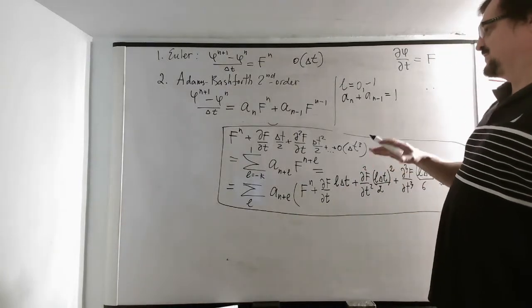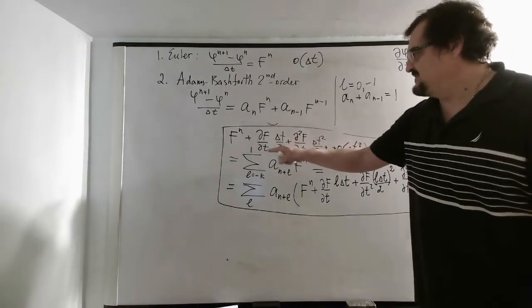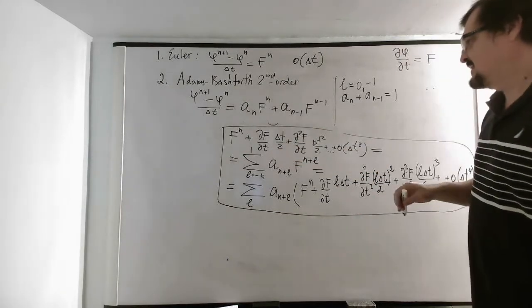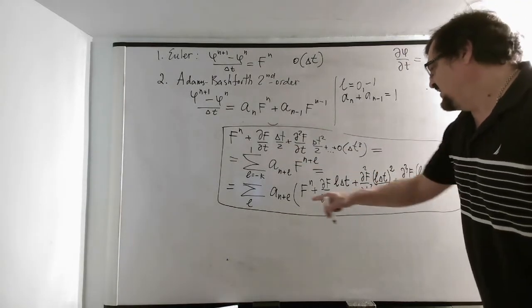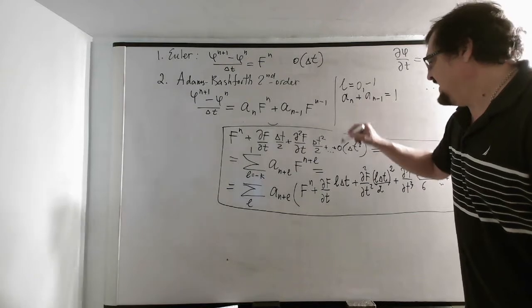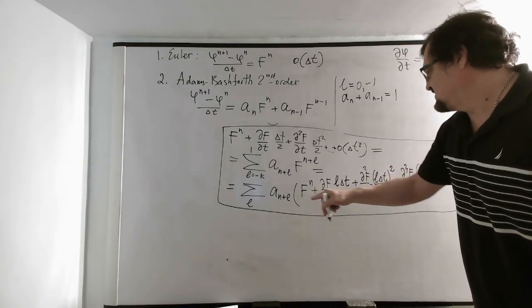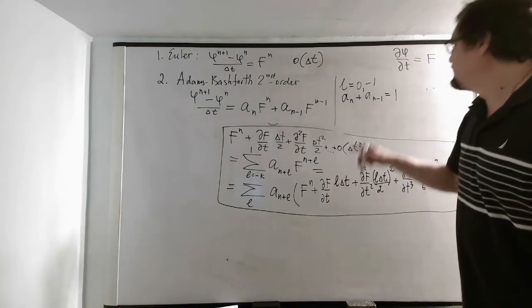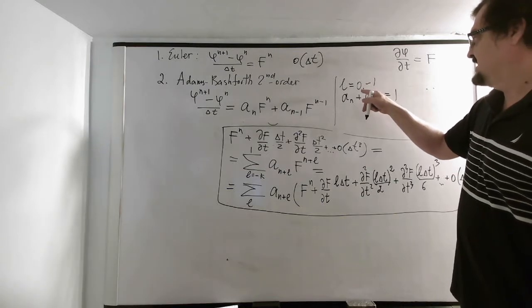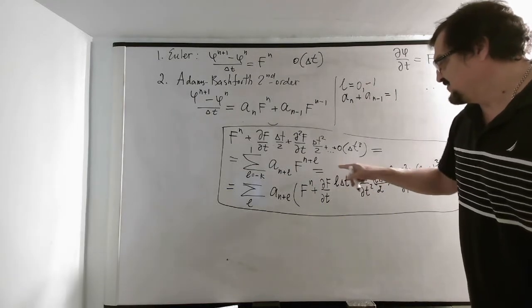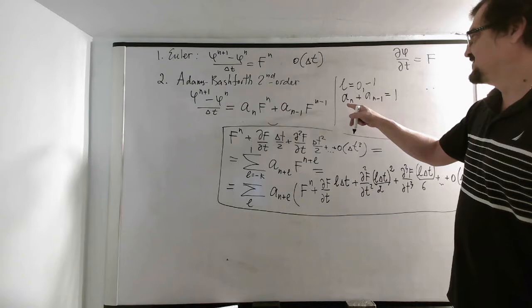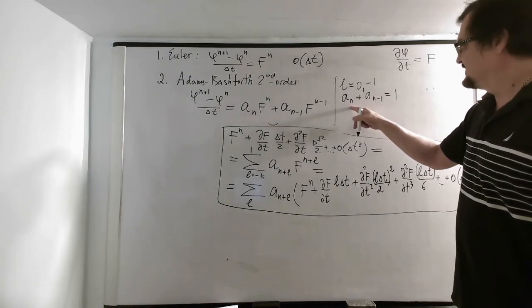So now let's use the next term, which is df dt. So what we have here, we have a n, and for a n, L equals 0. And this means that there is no such term for it. So there is no a n for this case.